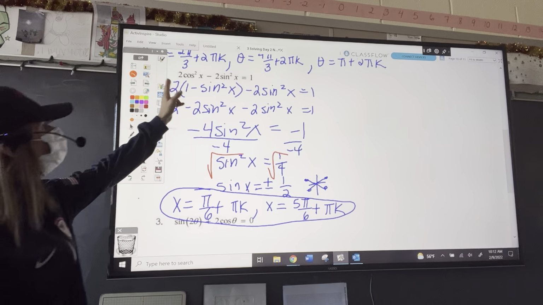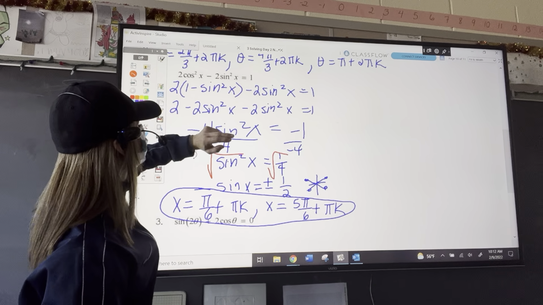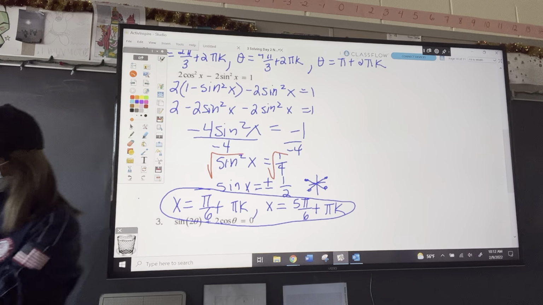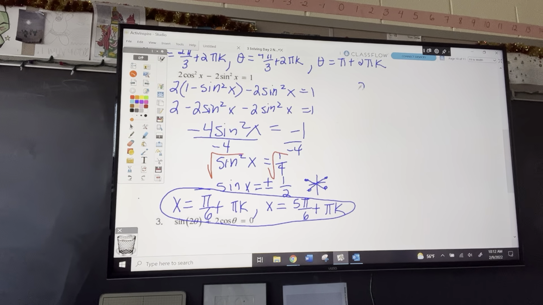And there's a 2 in front of each of these cosine squared and sine squared. So if I factor out the 2, and then substitute, then I'm going to let u equal 2x and rewrite this with a u.